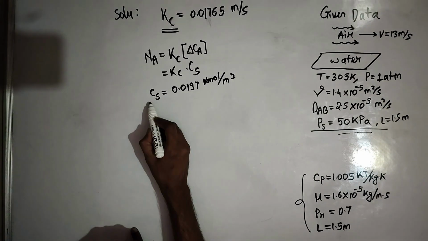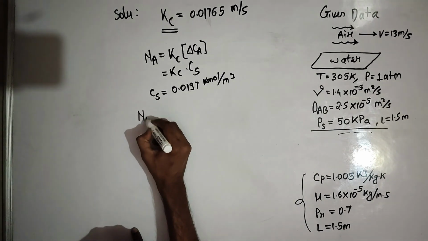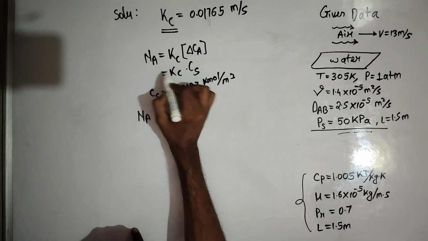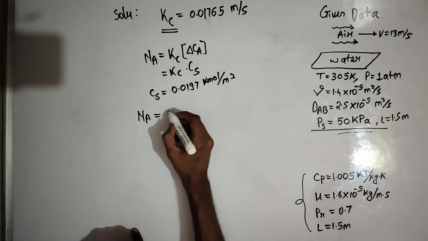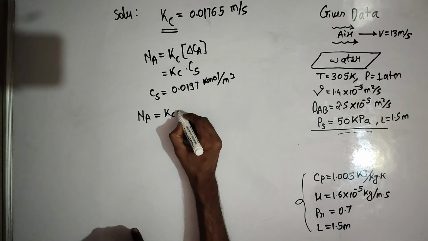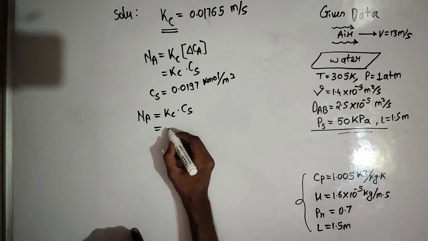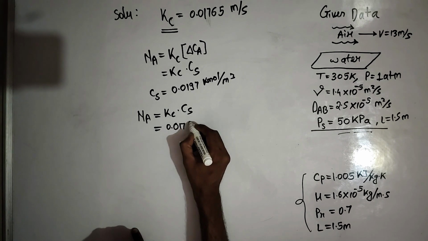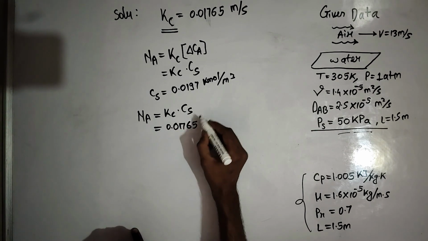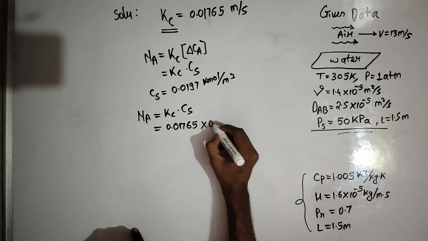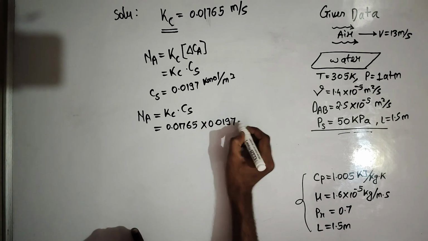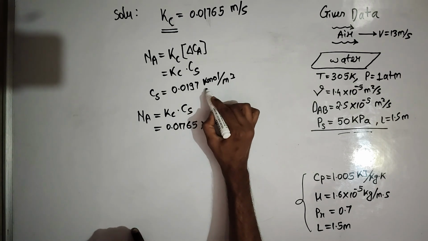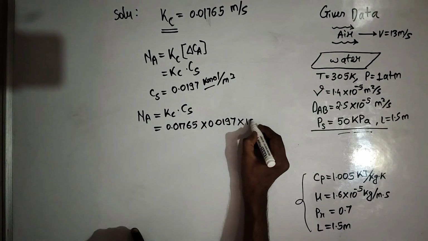So now we have the value of Cs. We will substitute the value of Cs in the molar rate equation, which is Kc into Cs. Here we will substitute the values: 0.01765 meter per second into 0.0197. We will convert this kilomole to mole, so we will multiply by 1000.